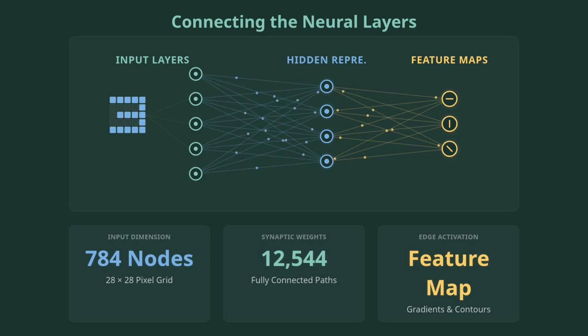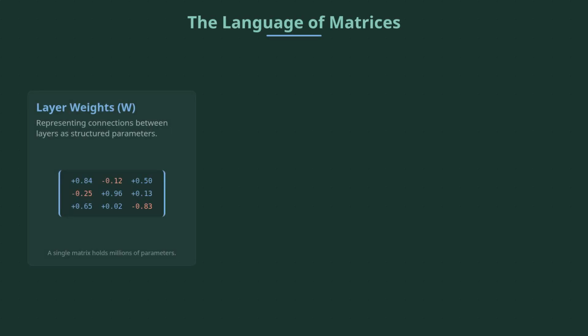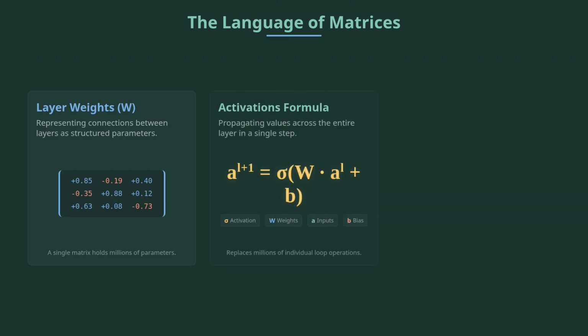To calculate these activations efficiently across millions of connections, we abandon individual equations and turn to the language of linear algebra. We can represent all the weights between two layers as a giant grid of numbers called a weight matrix, and all the biases as a single bias vector. The activations of an entire layer can then be calculated in a single elegant step.